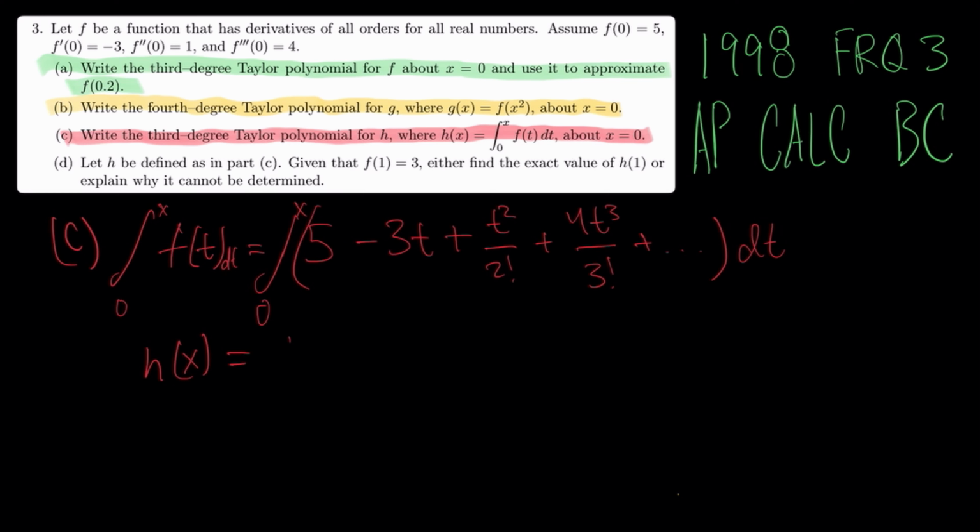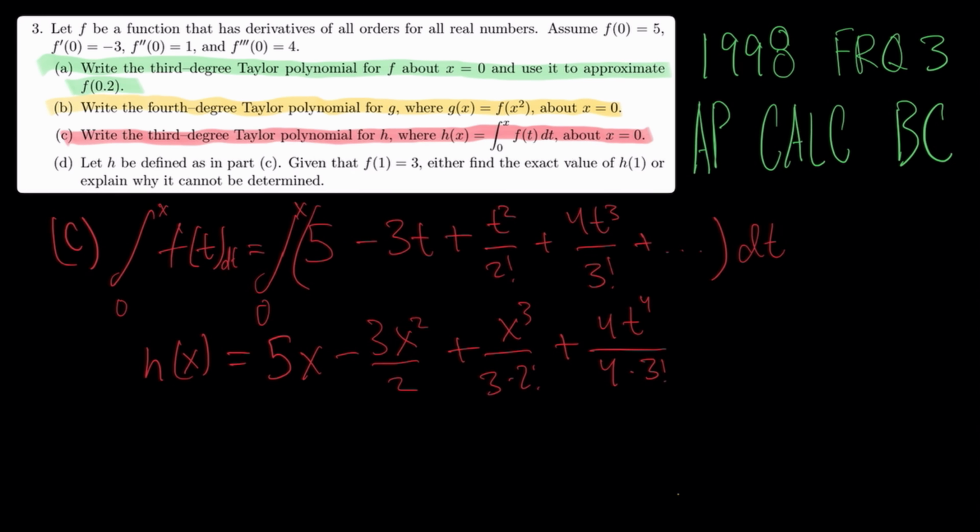So we will have 5x, and then we will have minus 3x squared over 2 plus x cubed over 3 times 2 factorial plus 4 times t to the fourth over 4 times 3 factorial plus dot dot dot.